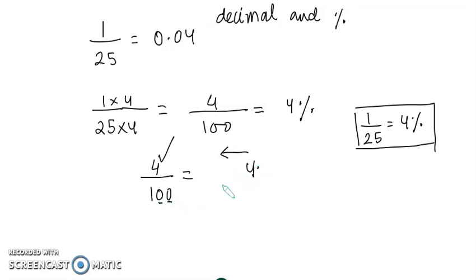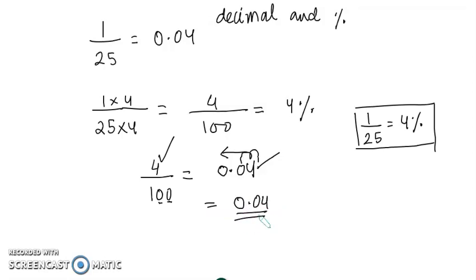There are 2 zeros, so you have to move 2 places towards the left. This is one digit and this is another digit. Since there is nothing here, you have to put 0 and then a decimal. Before the decimal a 0 is always given. Now this decimal will go away.